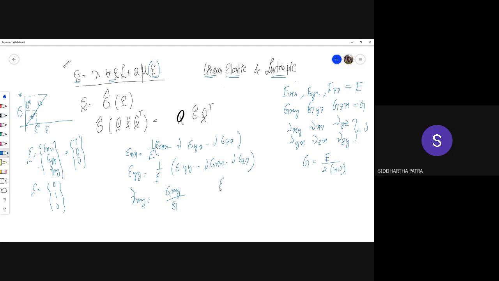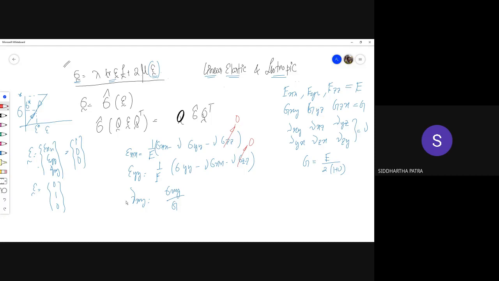And then there is another component, epsilon ZZ. I'll not go into epsilon ZZ. Just assume that we are working in plane stress condition, which is just for the sake of simplicity. Sigma ZZ is 0.